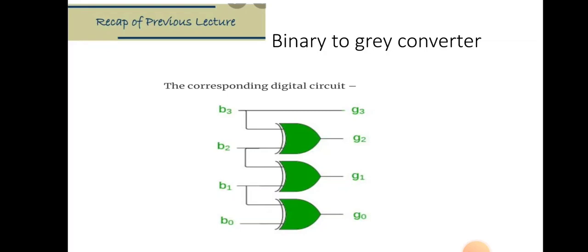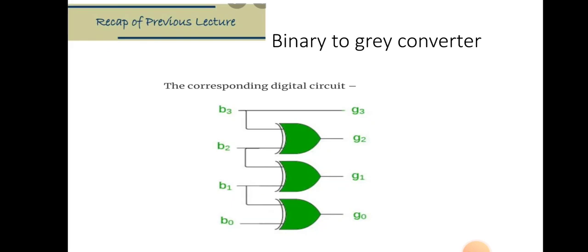So this was the final binary to gray code converter, which we have designed using the complete procedure. So here 3 XOR gates are used if you have 4 input and 4 output bits. So this is all about the topics that we have studied in previous lecture.